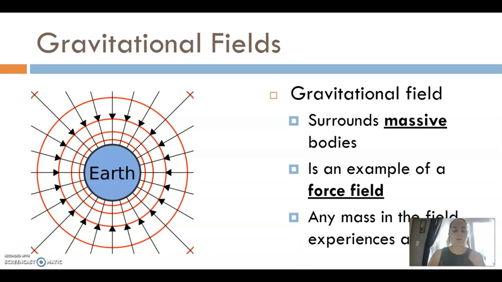Therefore, an object with a larger mass is going to have a larger gravitational field. And when you are an object with mass in this gravitational field, then guess what? You are going to experience a force. Now, what is this force? It's the force of gravity.